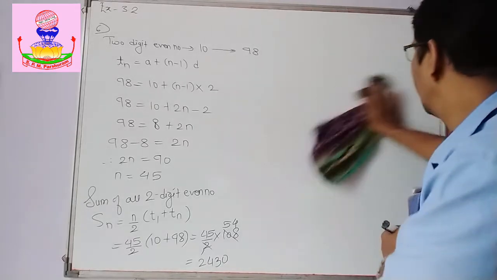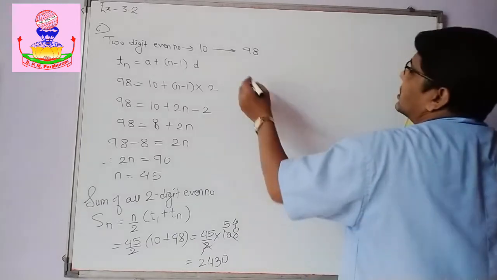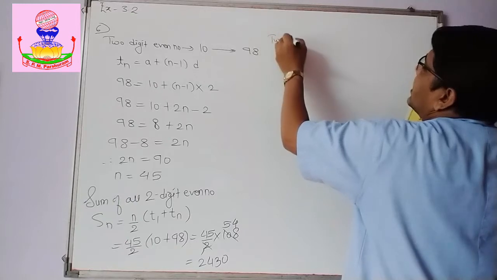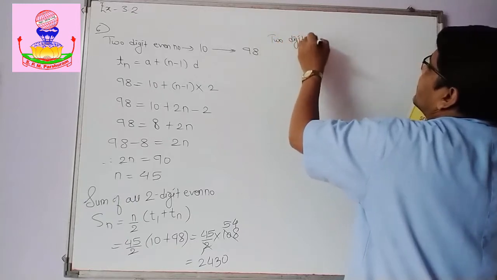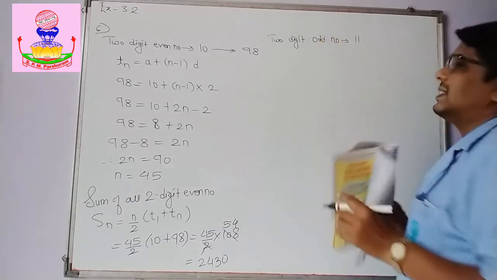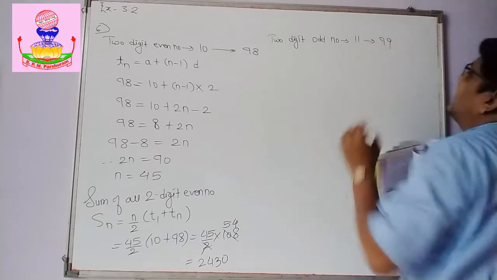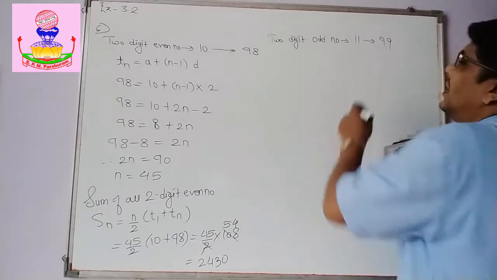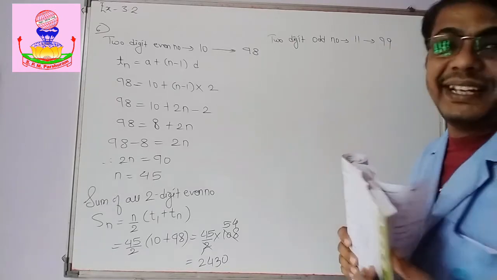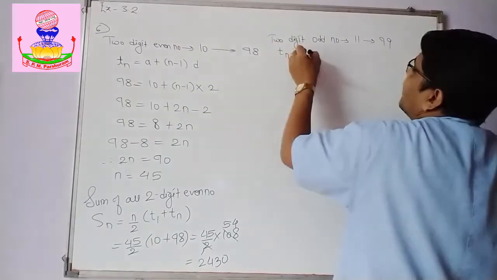Okay. Now let us go for the sum of all two-digit odd numbers. First let us find the two-digit odd numbers. The first two-digit odd number is 11 and the last two-digit odd number is, yes, exactly, 99. So here A is 11 and the last term Tn is 99. We need to find n.